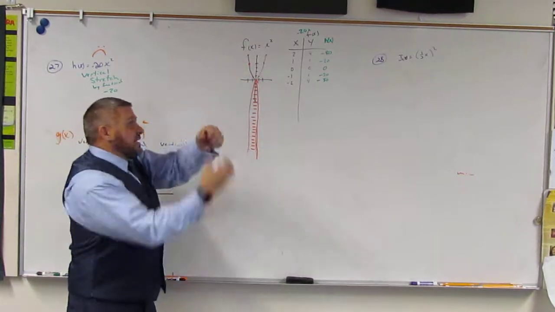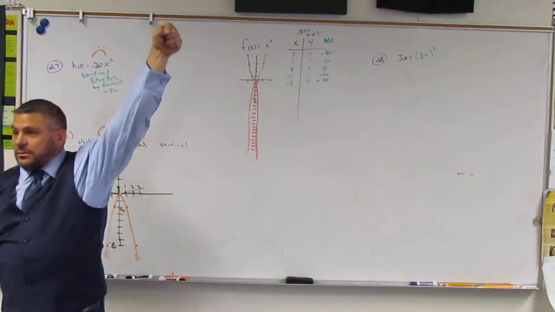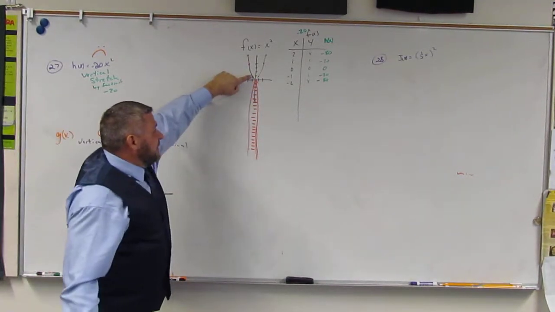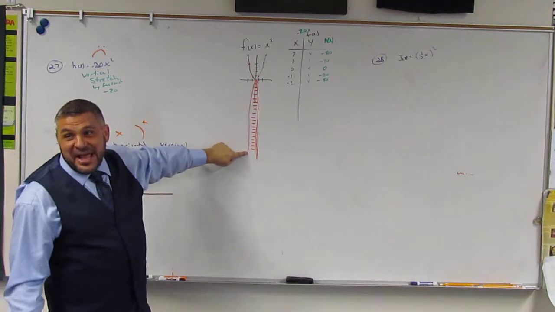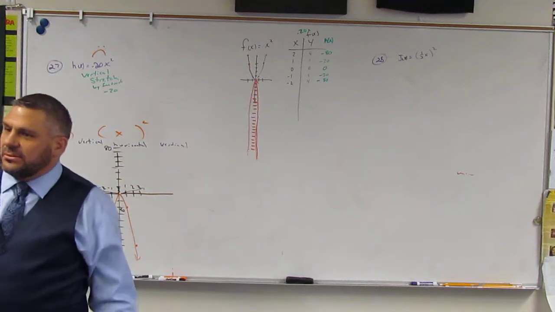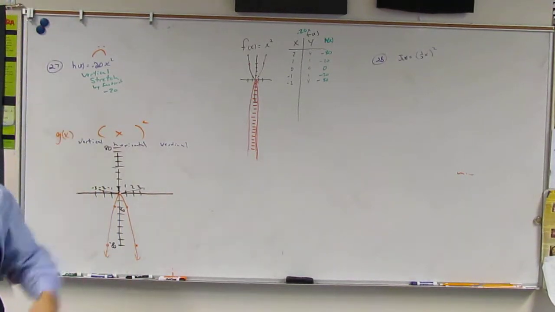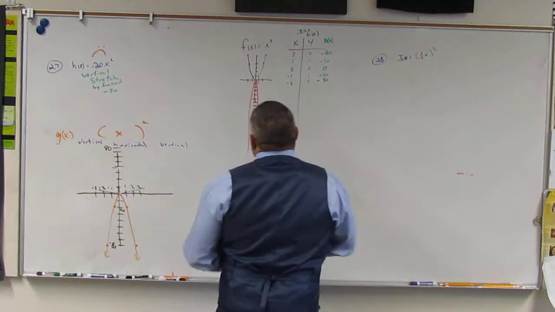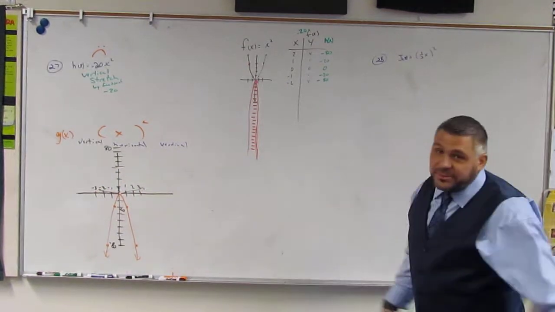That's how much that's stretched. Does that make sense? And that's only from here to here. You see what I'm saying? That's a huge stretch. Because it was 20 times. Right? That's a big stretch. Better? Okay, good. Alright. Let's do this one.